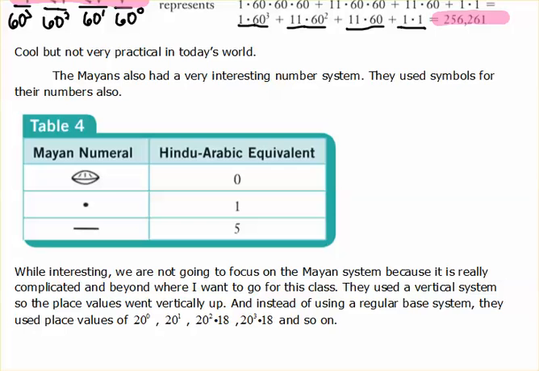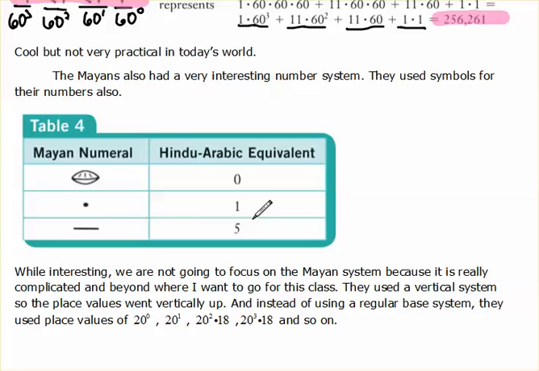So they use this really cool, kind of almost looks like a seashell, or clam shell or something like that, and that represented 0. And then they had these dots that represented 1, and then they had these lines that represented 5.